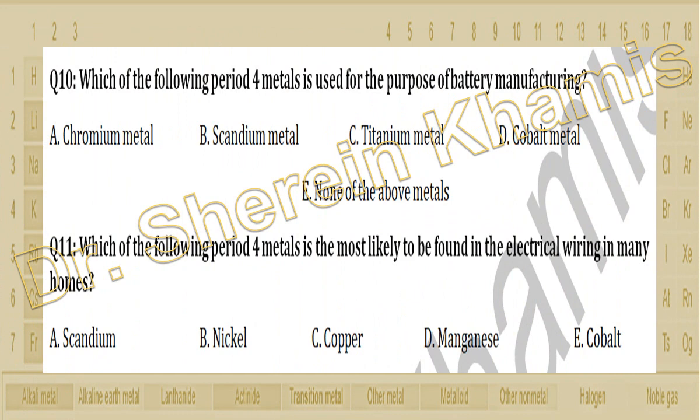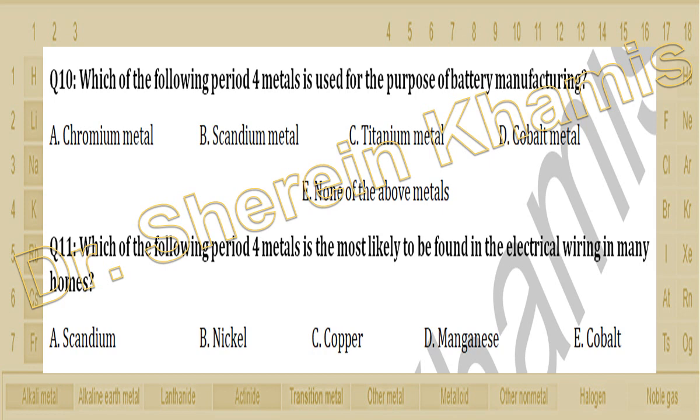Question 10 says: which of the following period 4 metals is used for the purpose of battery manufacturing? We have very effective kinds of metals that can make the battery rechargeable or resist all the processes happening inside it.